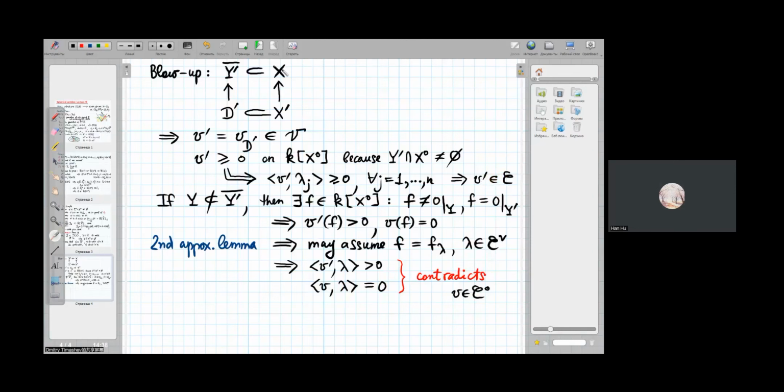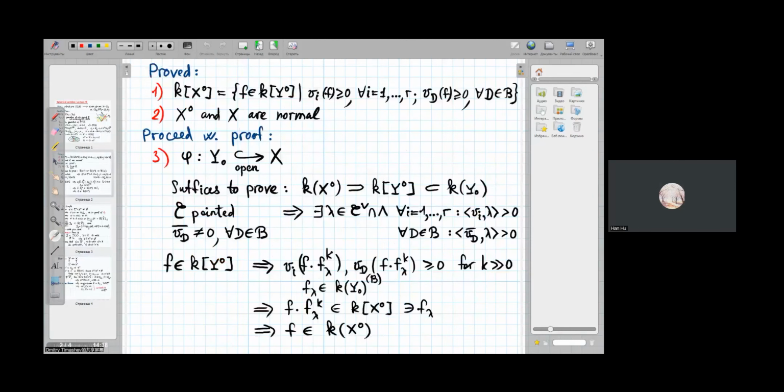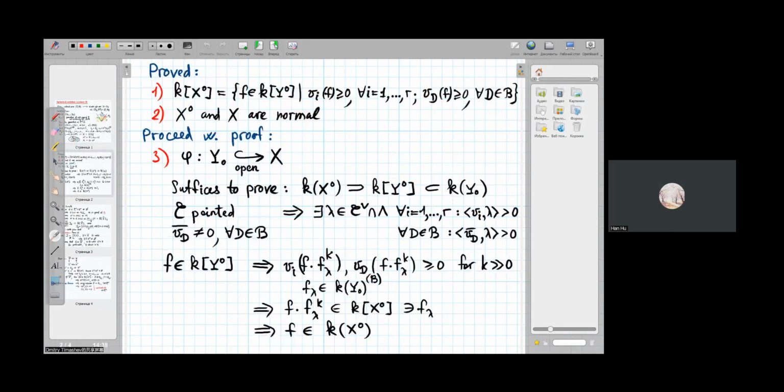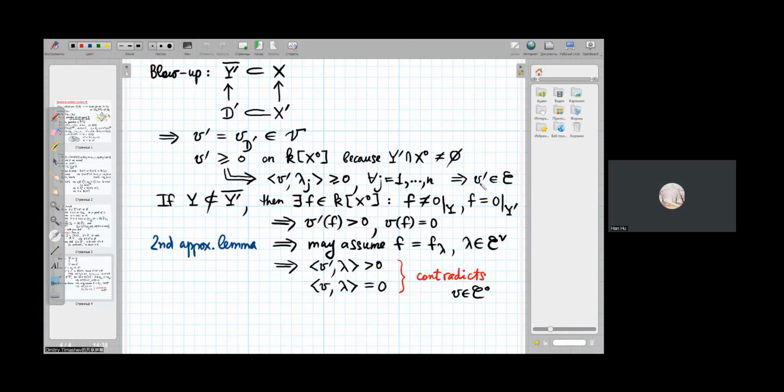You may take a look at the picture here. If a pairing of some lambda with a vector in the interior of this cone is 0, then the pairing of lambda with any vector of this cone should be 0. But here we have this vector v prime in the cone, and this pairing is positive. This is a contradiction.